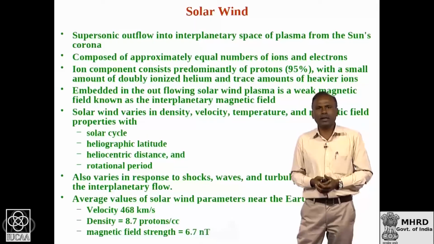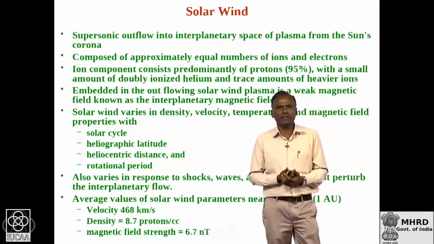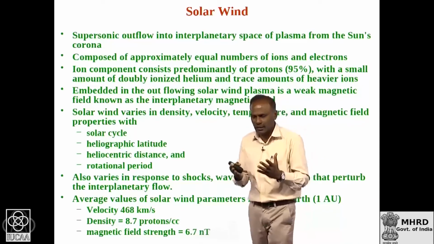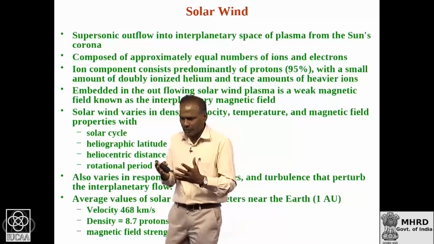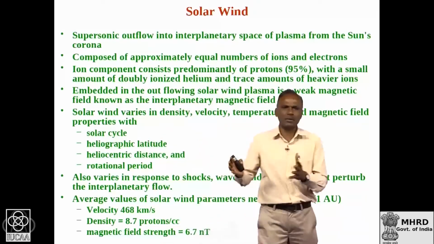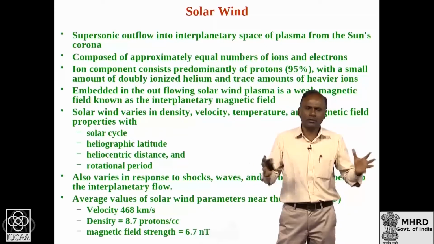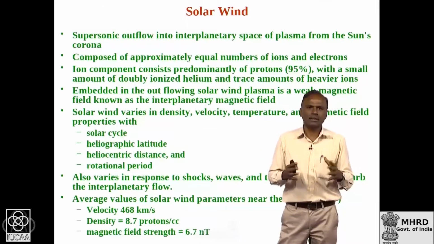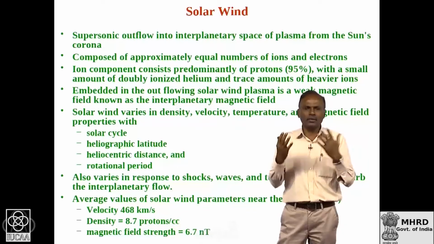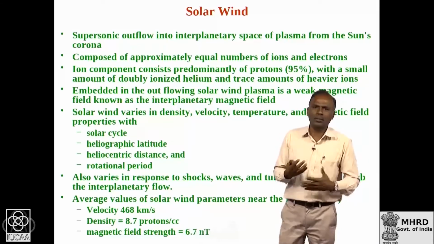We also see solar wind properties varying with heliocentric distance. As you go away from the sun, the solar wind properties change, and the solar wind also varies with the rotational period of the sun.